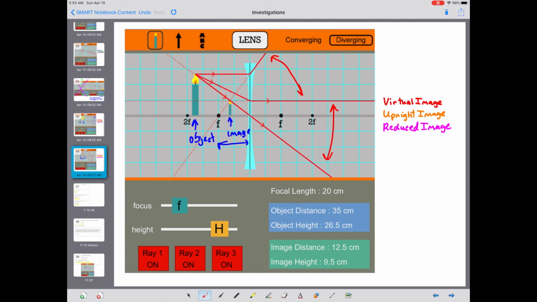So if they're always coming together in a single location on the other side of the lens, because they diverge, there is only one thing that can happen for that image.